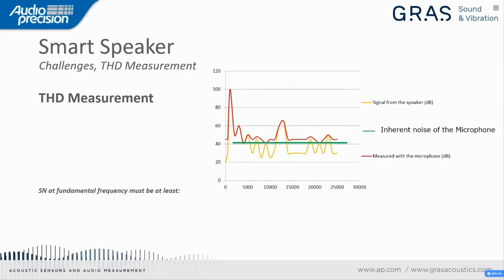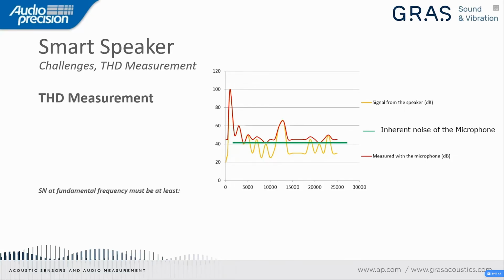If we look at the graph we have here, we can see that the self noise of the microphone we are using in this case is about 40 dB.